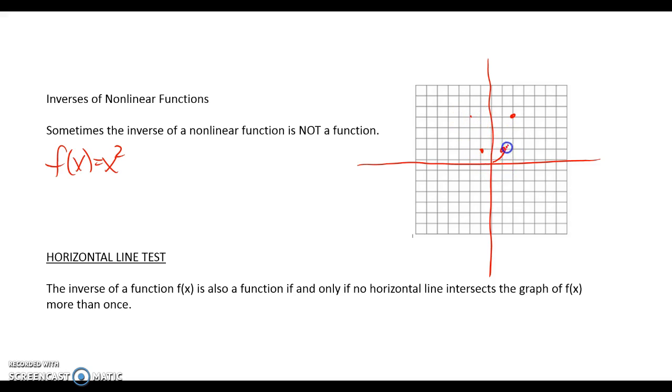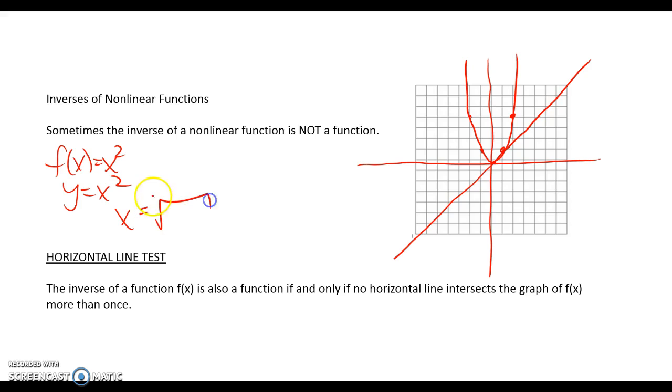So it looks like this, right? Okay. If we took this y equals x line, like that. Now let's do this. y equals x squared. I'm going to solve for y. So x equals plus and minus the square root of y.